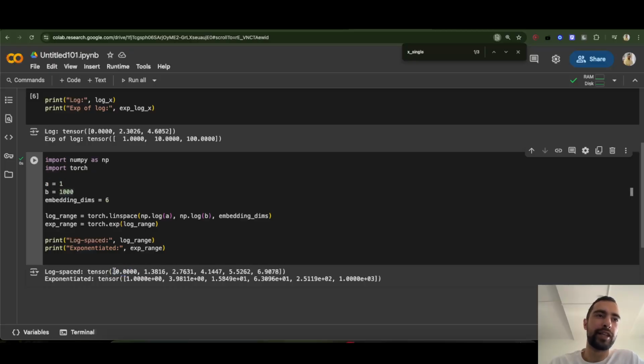So we just calculate exponents. The first exponent should get us this one. The last exponent, e to the last exponent, should get us 1000. So we actually just calculate exponents in this linspace. And when we use those exponents, e to the exponents, then we're going to get exponential growth. And we're going to get these exact numbers because we used log of them in the linspace.